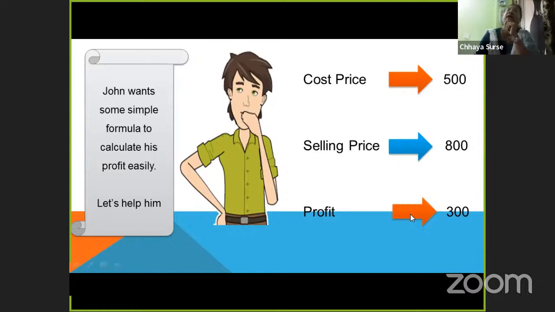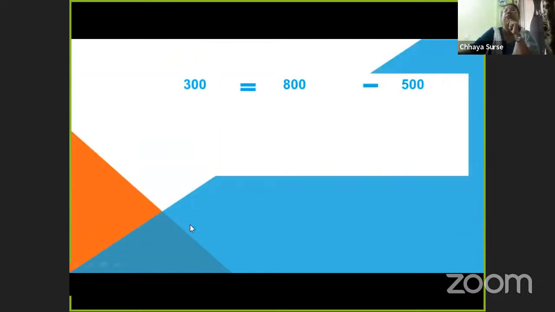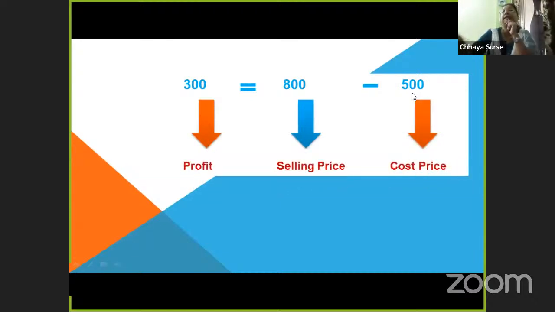Now we see it with the help of a formula. 300 rupees is the profit, 800 rupees is the selling price, and 500 rupees is the cost price. Clear? When we want to find the profit in any transaction, we have to know the selling price and the cost price.